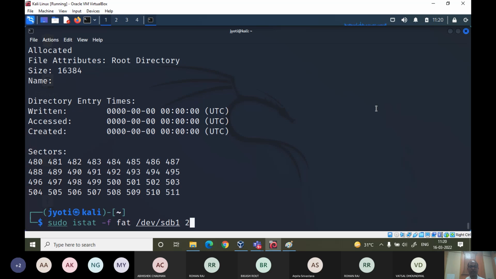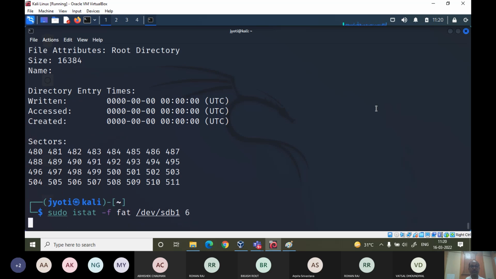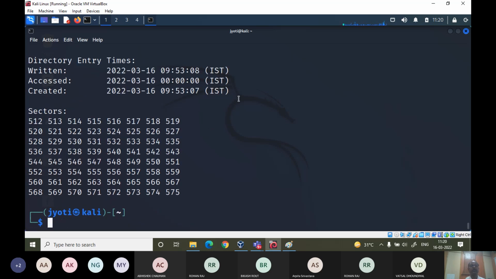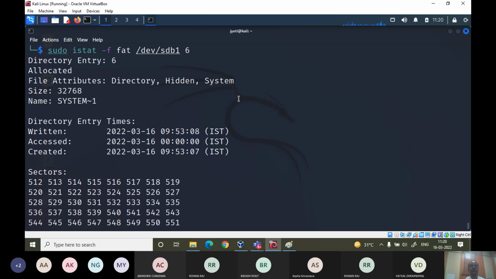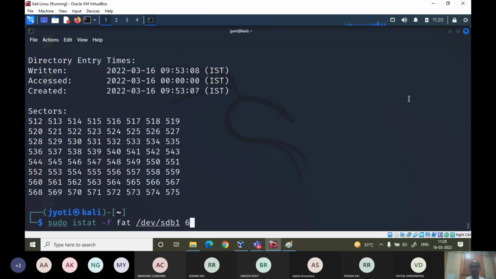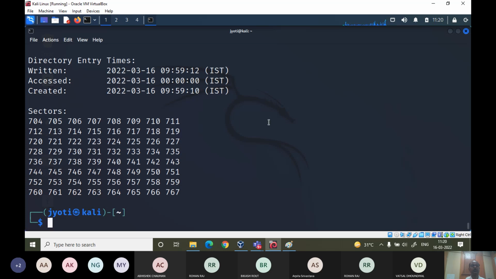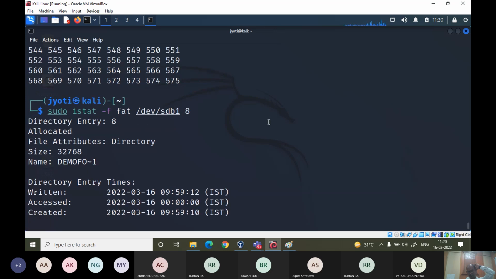It should give the name. Okay, so now see, if I just want to see a file and how it is. So this is about the folder. You can see the name is demo folder 1.